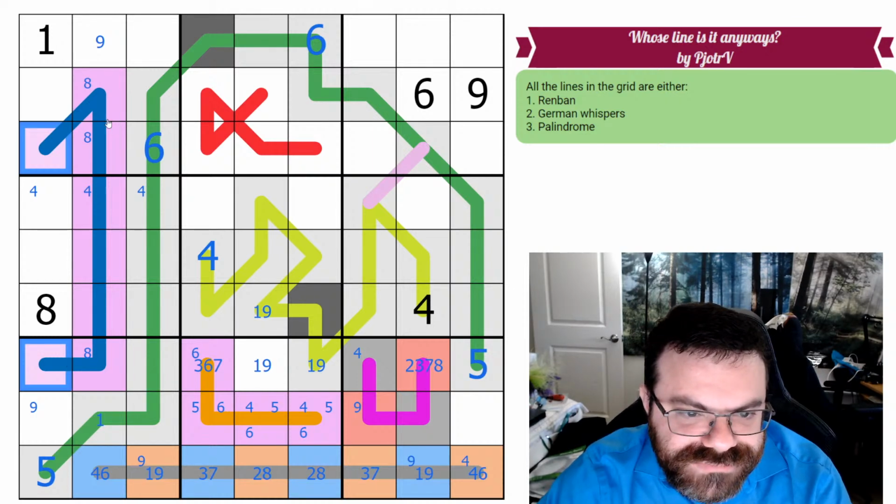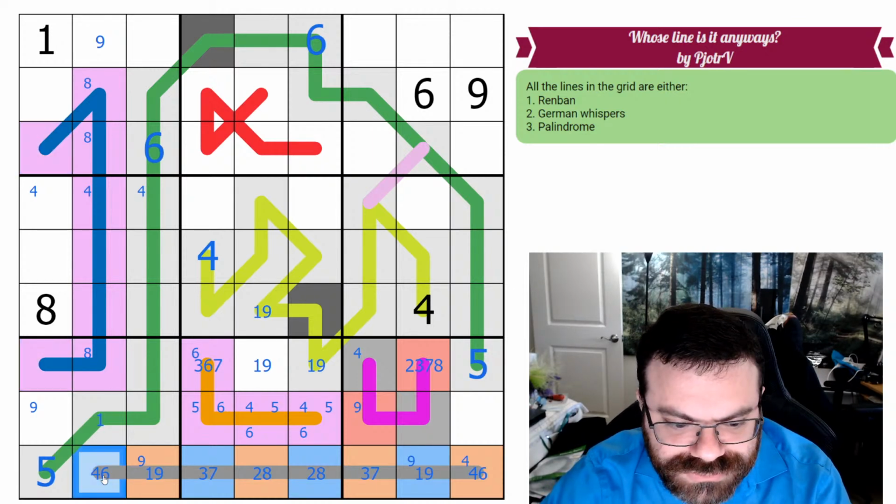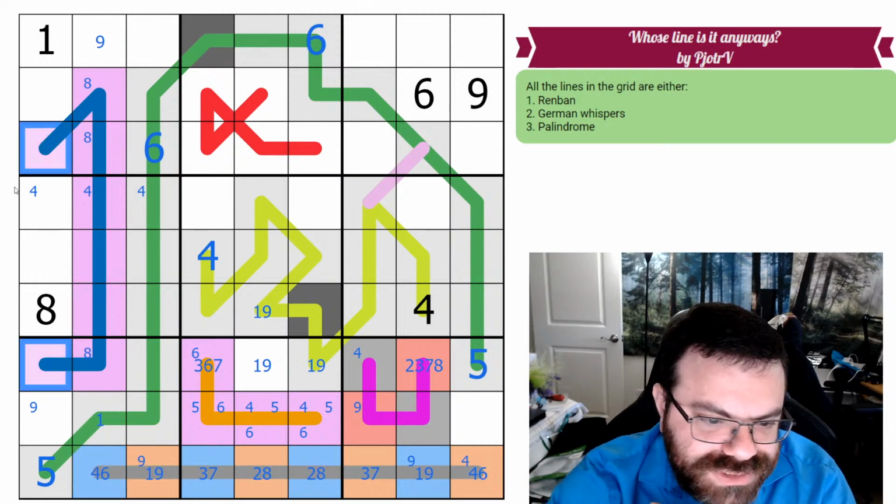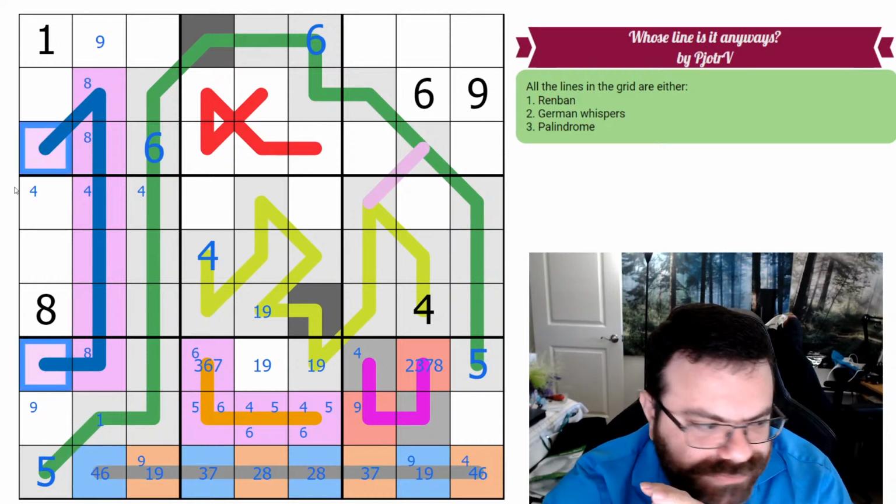Okay, the Renban needs a 4 and a 6, okay. And this prevents it from being both. So one of these is a 4 or a 6, but that doesn't mean they're a 4-6 pair, right?